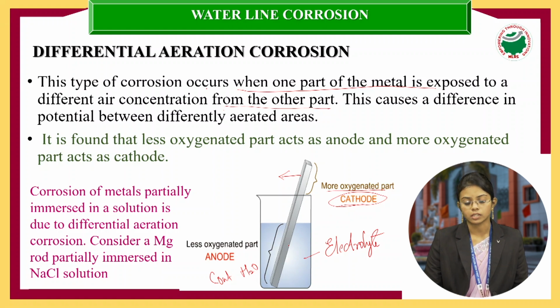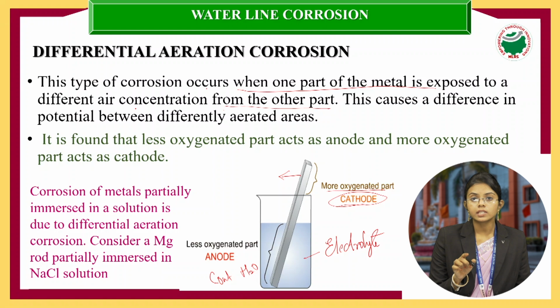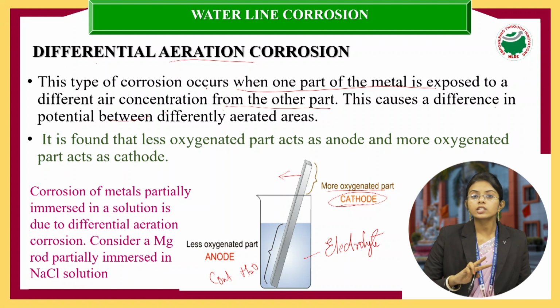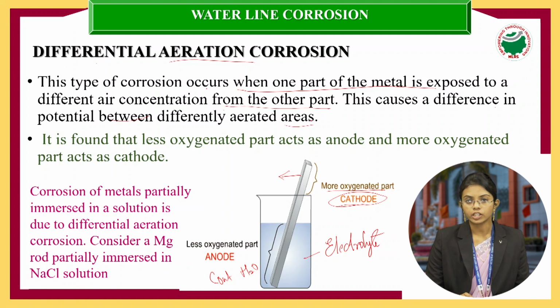So the metal rod has different aeration concentrations. In that case, it causes a difference in potential between these two differentially aerated areas. A potential is developed between these two aerated areas.